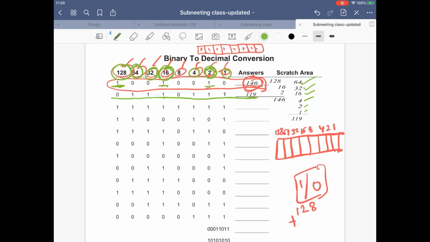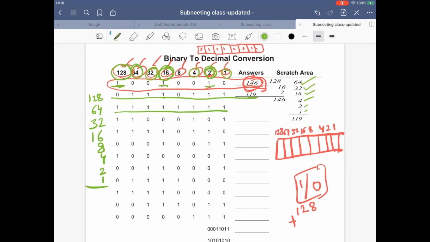Now, if you want to calculate this one, how much? We'll have to calculate 128 plus 64 plus 32 plus 16 plus 8 plus 4 plus 2 plus 1.